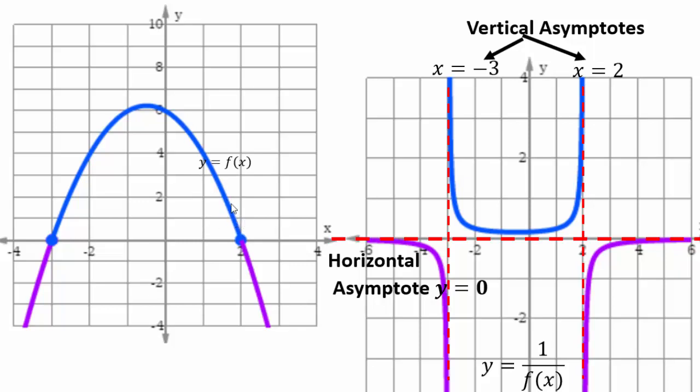Close to 2 from the left-hand side, graph is positive, getting close to 0. So positive and shooting to infinity. As x goes to 2 from the right-hand side, it's getting closer and closer to 0, but from the negative side, which means that graph is shooting to -infinity, close to 2.